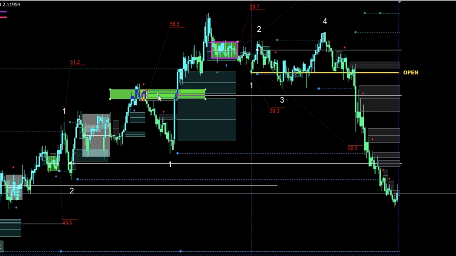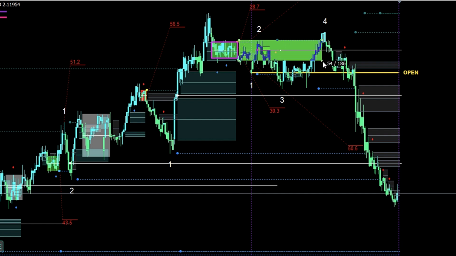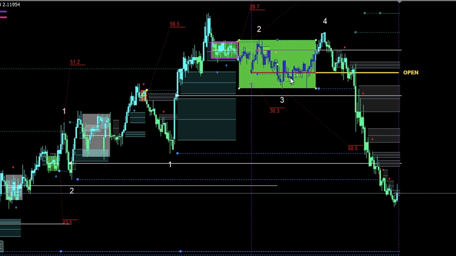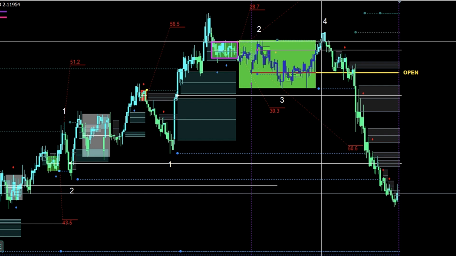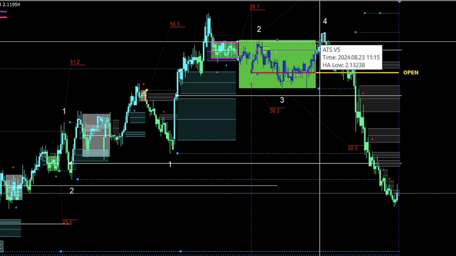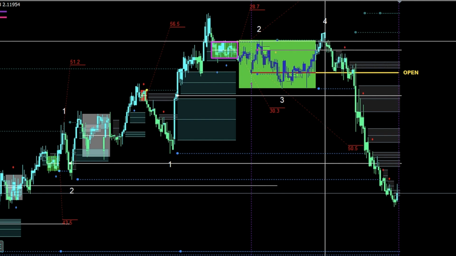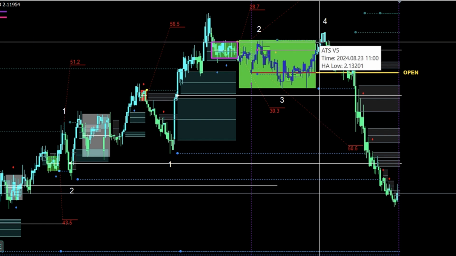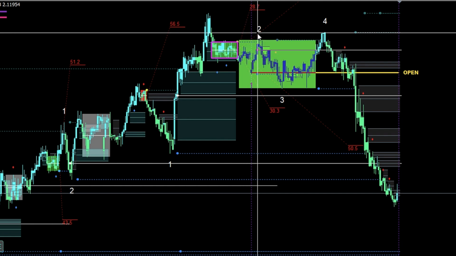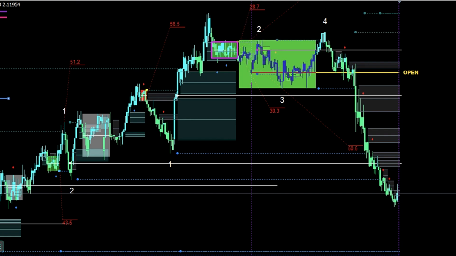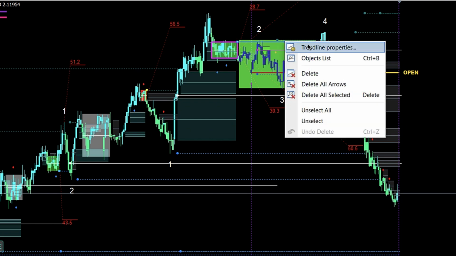As you know, we have to find the consolidation, which is this one. Okay, we have a consolidation here. So it went up, it closed above the high of this box. Now it was very close to the high. So this box is very close to the high of the consolidation. So we can draw this line to the high. So as you see it here, very near.